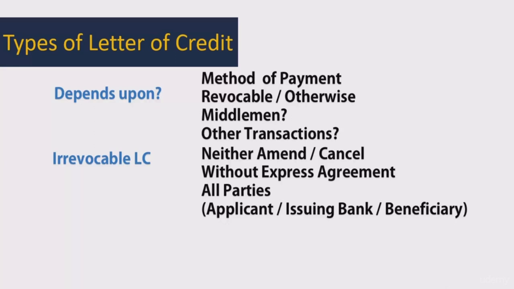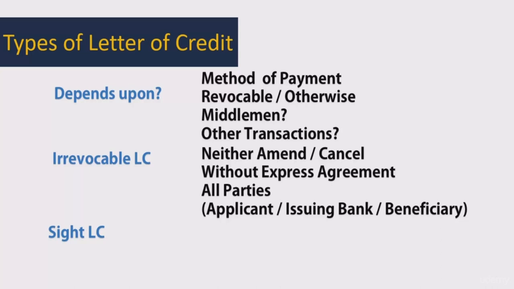Then we can also have two or three other classifications or types of LC. One, we have sight LC. Sight LC is a case where the seller is not giving any credit to the buyer. It means the buyer is opening an LC in favor of the seller just to give him confidence, so that he can send the goods.